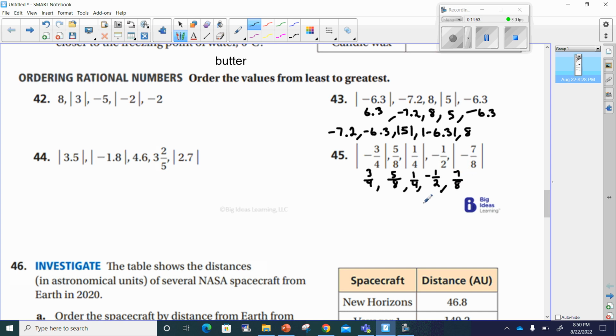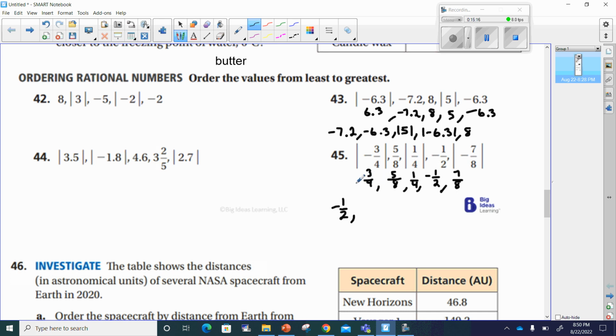All right, it's time to put these in order. Well, we definitely know the negative number is going to come first. So negative 1/2 is going to come first. The next smallest number, we're going to have to take all these denominators and make them into equivalent denominators.